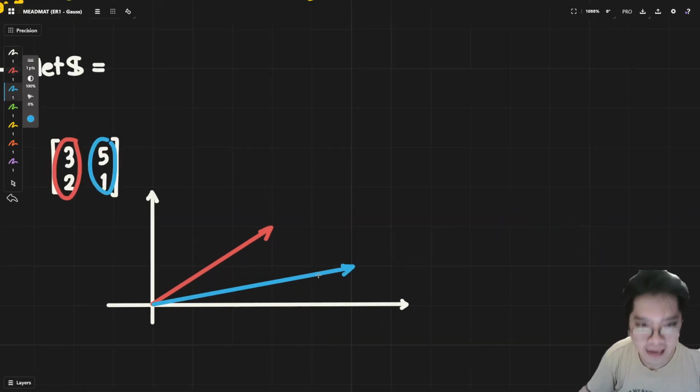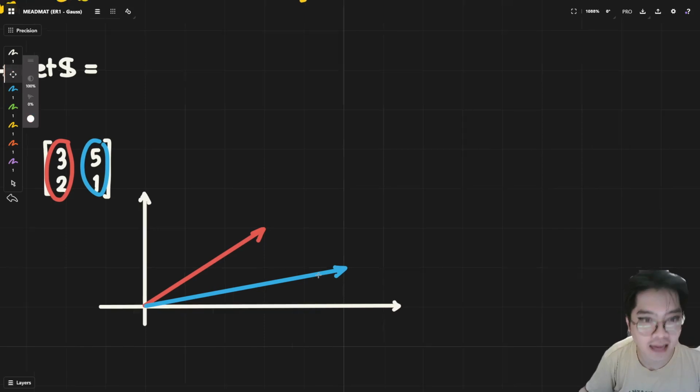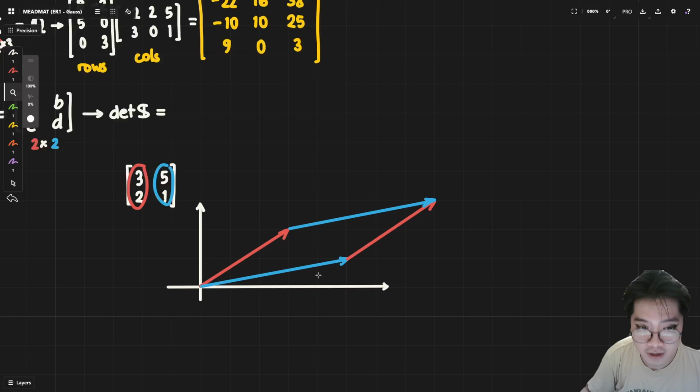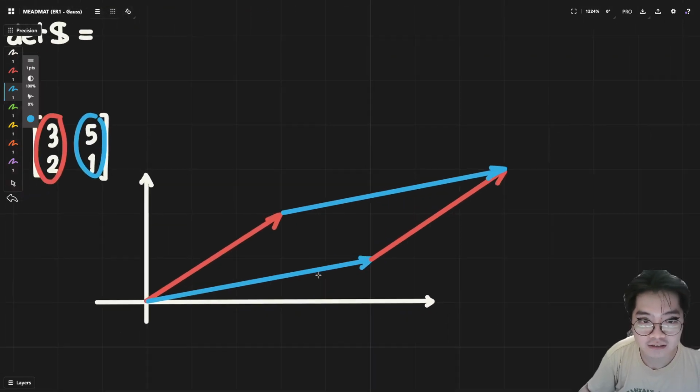What this creates is a parallelogram. You might be wondering, where's the parallelogram? It is created by this vector as well as this one. The determinant for this is this area.